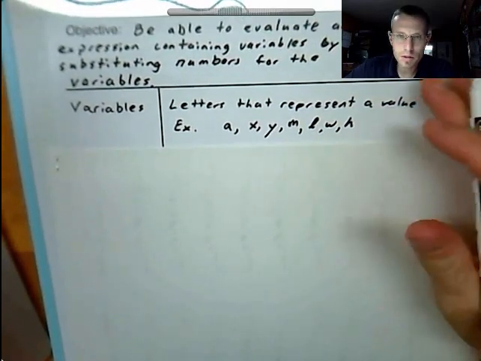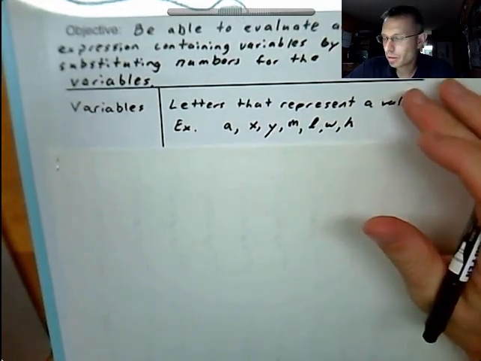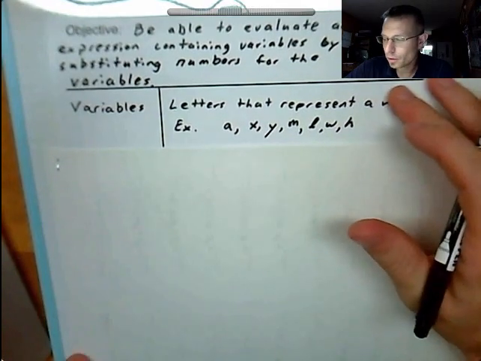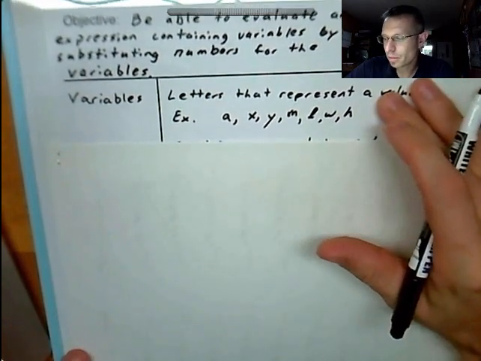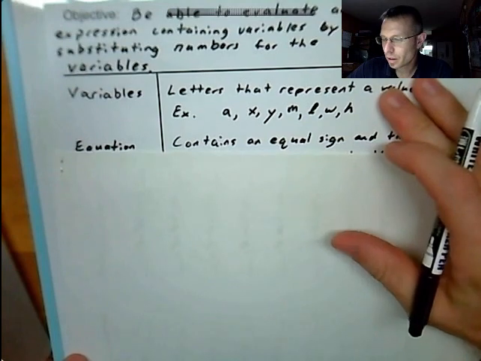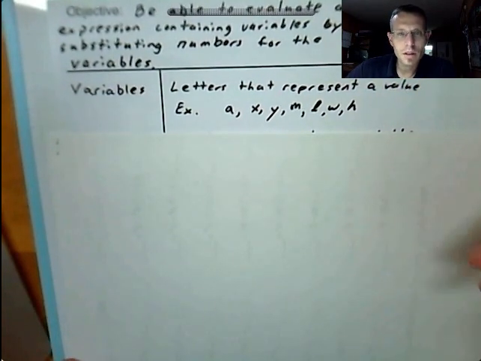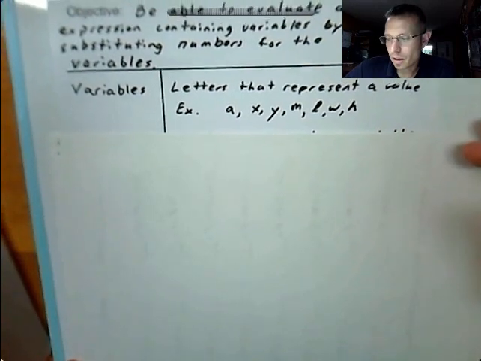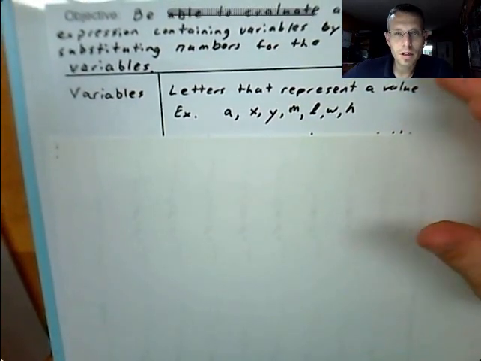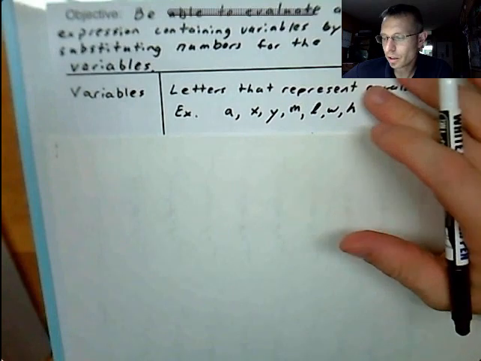And so really you could use any letter, or sometimes even symbols. But these are some typical ones that you may see. So those are variables, and we just use those in expressions, and they represent a number, or sometimes a series of numbers that we will hopefully find later.